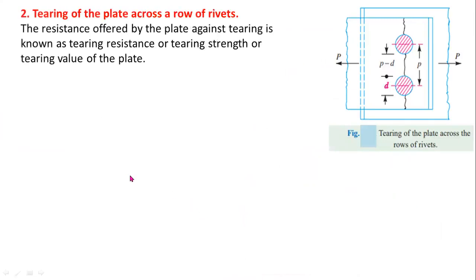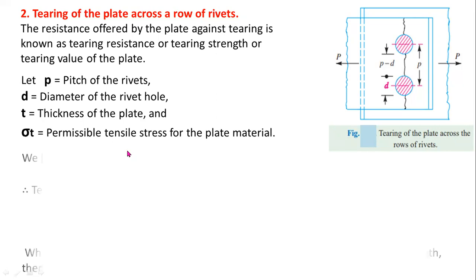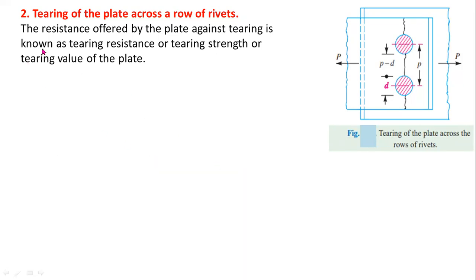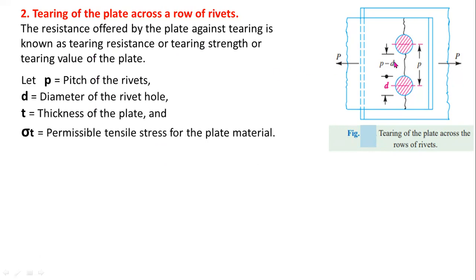Sorry, this is the second failure. The resistance offered by the plate against tearing is known as the tearing resistance, tearing strength or tearing value of the plate. Here, capital P is the pitch of the rivets.